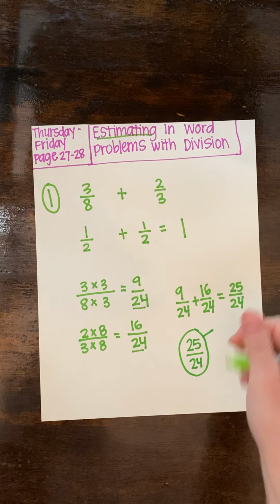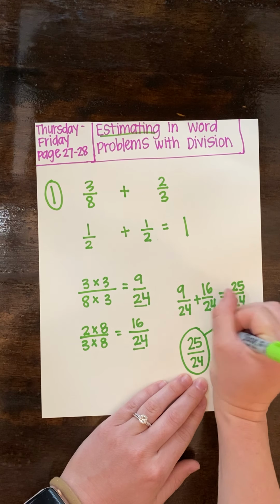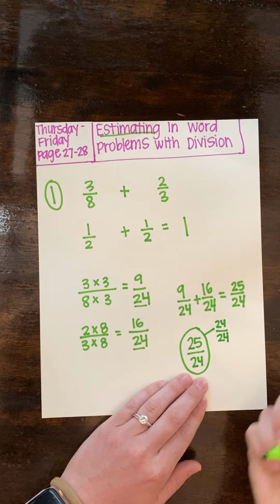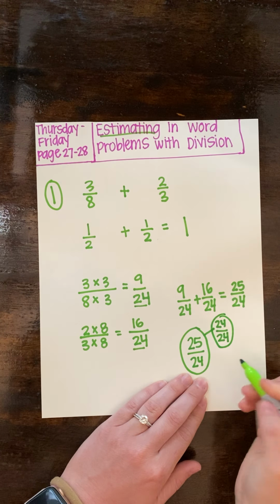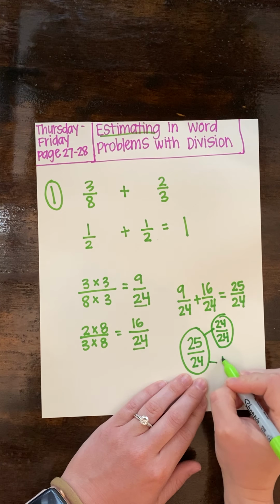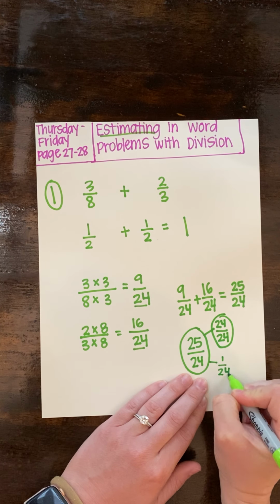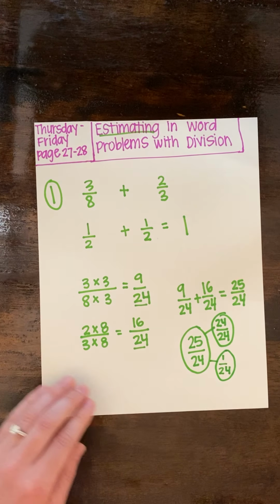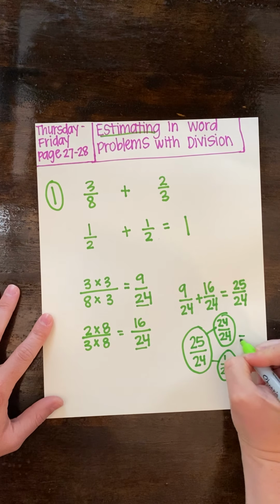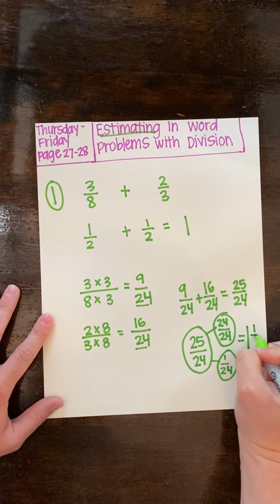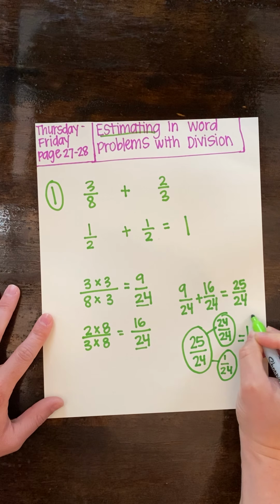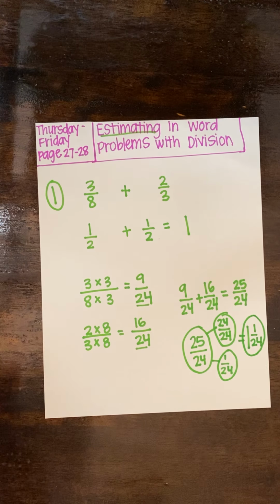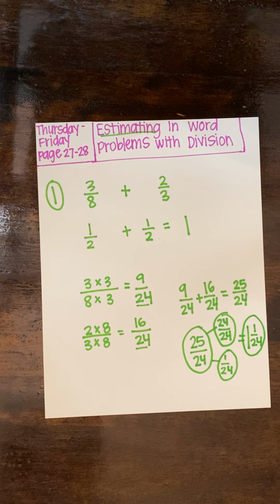Well, I know that it takes 24 24ths to make 1 whole. And then after I pull out 24 24ths, I have 1 24th left over. So this is equal to 1 and 1 24th. So that is the answer to number 1.